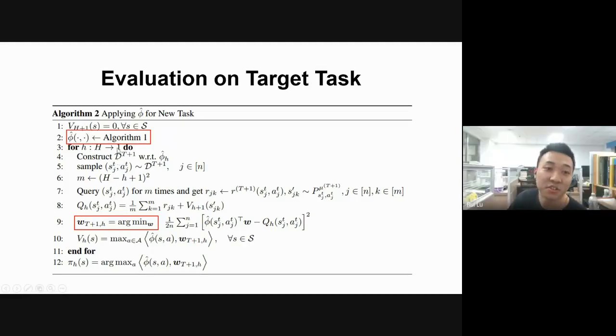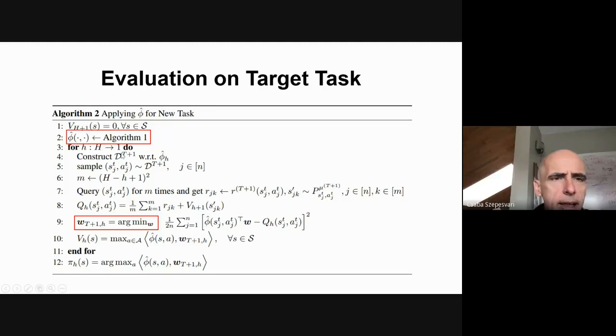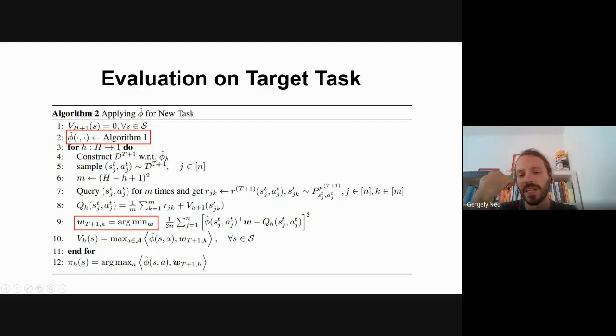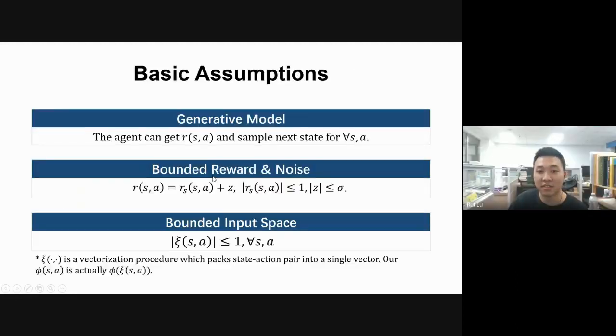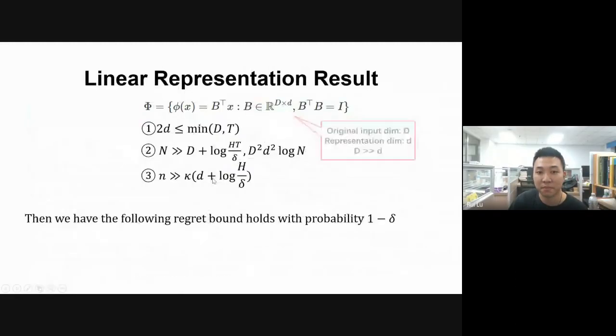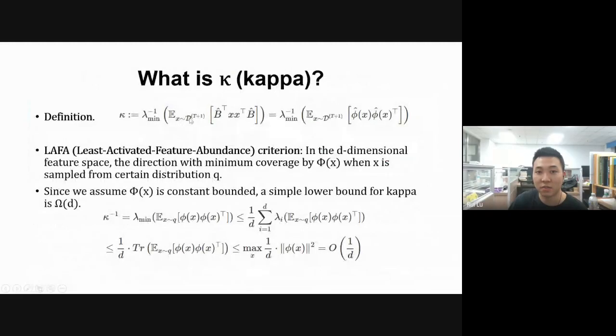This data distribution. Yeah, like line 5, you say sample this from that. Yes. How does it work? Is it IID? Or I guess the question is, how does the choice of this D_t impact the result that you were showing? Yes, it is hidden in the kappa. It is related to this D_t.